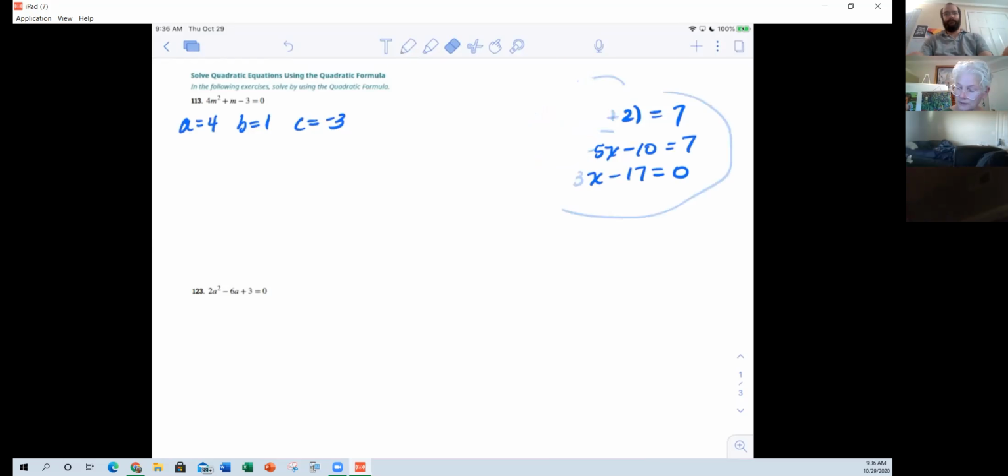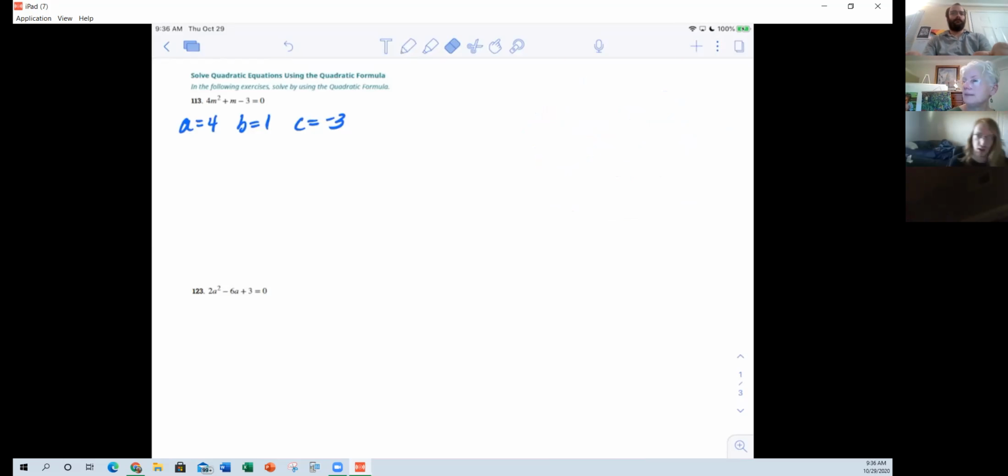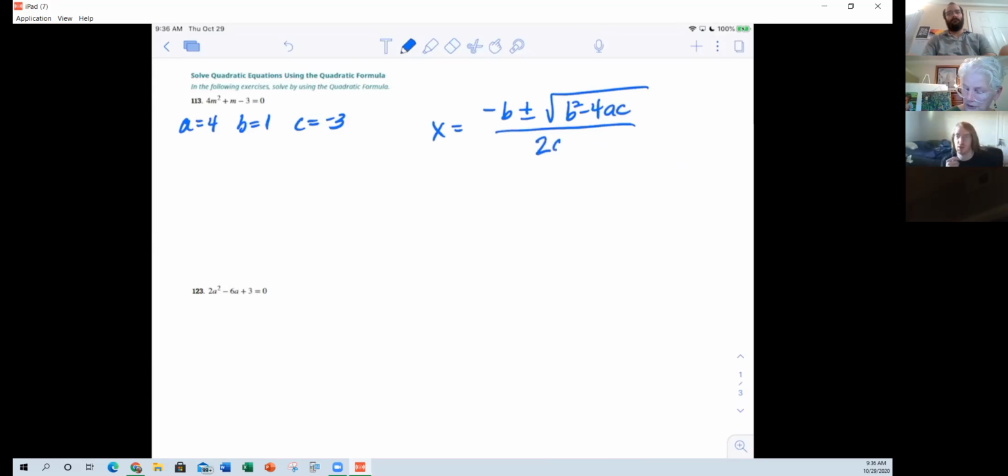Okay, so on this one, we've identified our A, B, and C. So I'm going to say x equals opposite B plus or minus the square root of B squared minus 4AC, all of that over 2A.